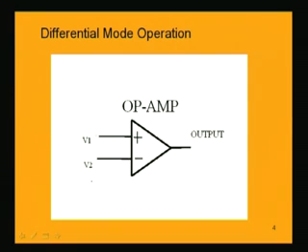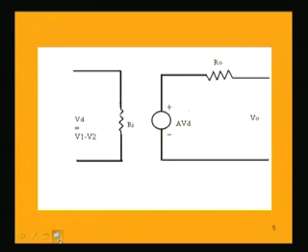To find the output voltage, we take the circuit of this OpAmp, which has an input impedance Ri and an output impedance R naught. Here they are resistances, and the input voltage between the two input terminals is the differential input, given by the difference between the two voltages, V1 minus V2, which is equal to VD, the differential input.